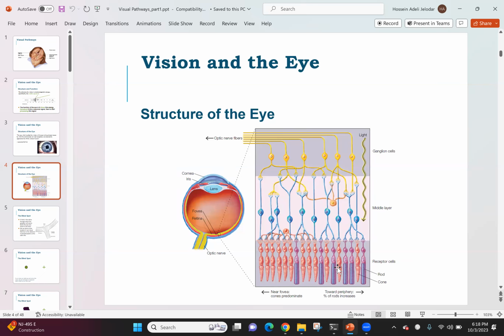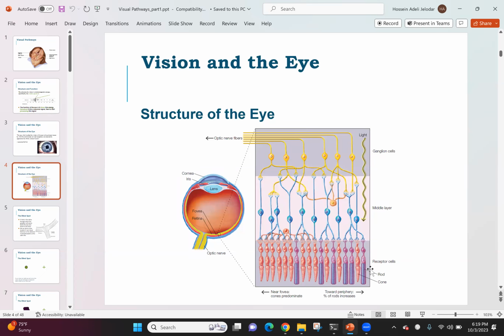Again, this is the most peculiar thing about the eye: the photoreceptors are on the inner layer of this membrane tissue of the retina. And the light, as you can see here, has to travel through ganglion cells and through middle layer cells to reach the photoreceptors.